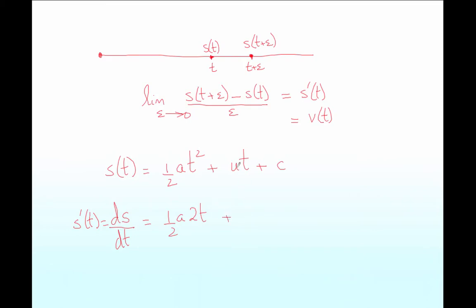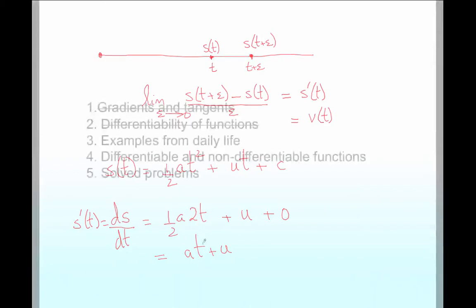When you differentiate u times t, remember that u is some constant, then you get u, and from here you get 0 because the derivative of a constant is 0. And so we get at plus u. That is the speed with which that particle is moving. It's increasing its speed at a rate that's proportional to t itself.